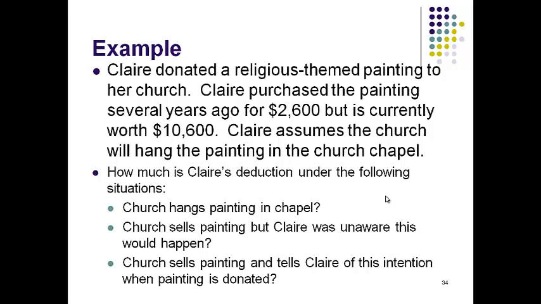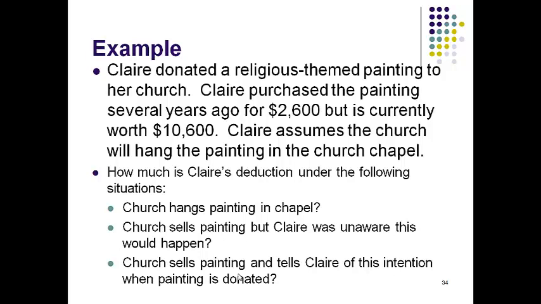For these three subpoints down below, the first one, if the church just hangs that painting in the chapel, having a chapel that's decorated with religious themed articles, that's all pursuant to that charitable purpose of the church. So that's perfectly okay. In that case, Claire's deduction is just going to be the fair market value. It's going to be $10,600.